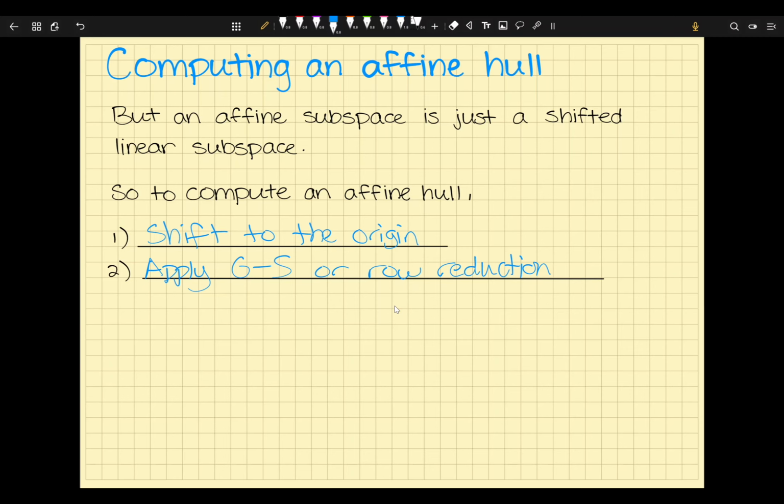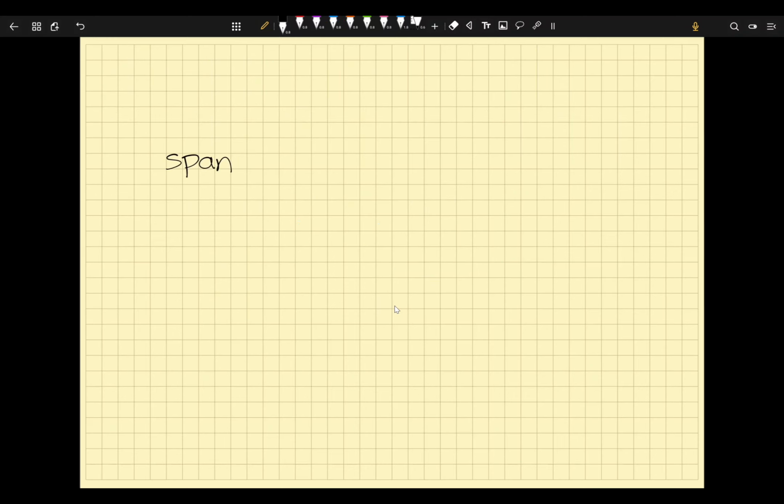I realize that I'm not being careful about my terminology. Span, hull, yeah, probably just these two, mean the same thing. For some reason, we use the terms linear span, but we say affine hull, and we say convex hull, and we say conic hull.